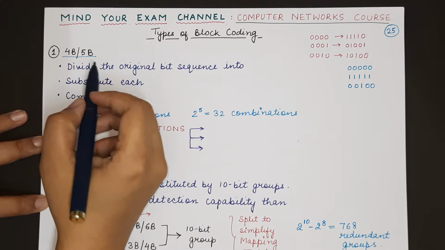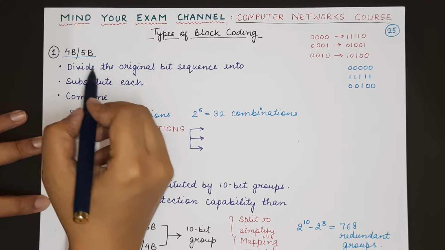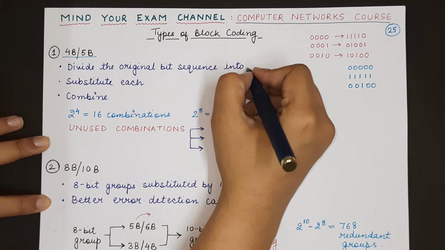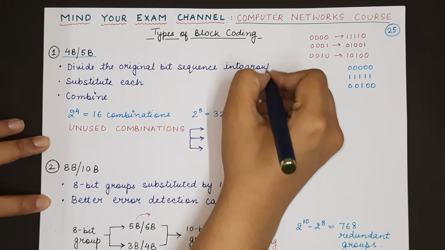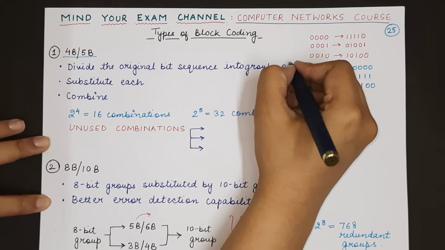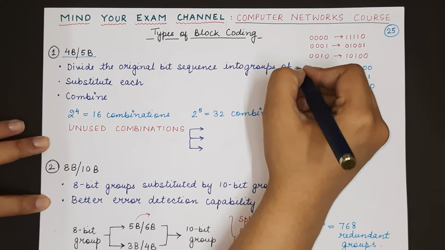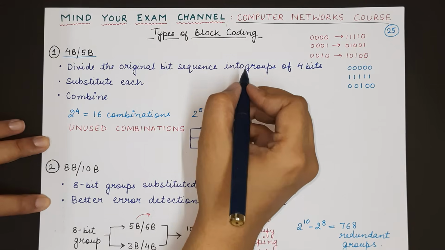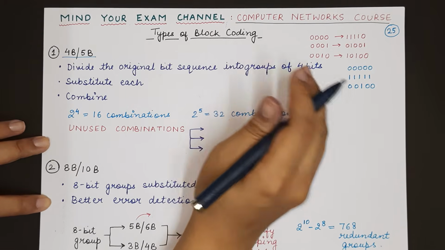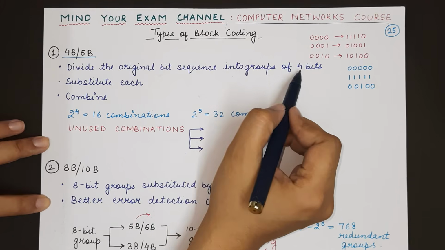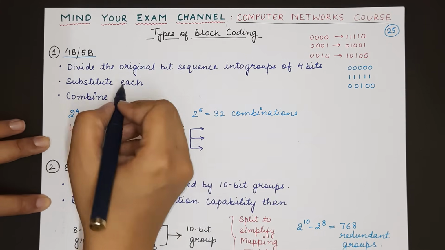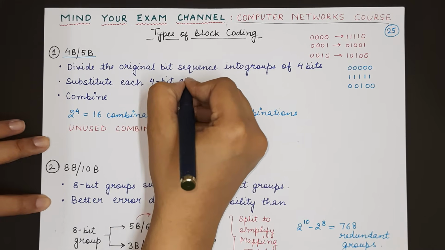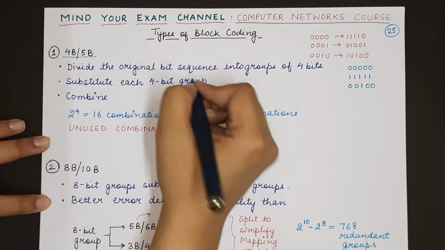So in this case, what is happening is we are dividing the original sequence of bits into groups of 4 bits each. Okay, so groups of 4 bits. And when the sequence is divided into multiple groups such that each group has 4 bits, we are substituting each 4-bit group with a group of bits containing 5 bits.